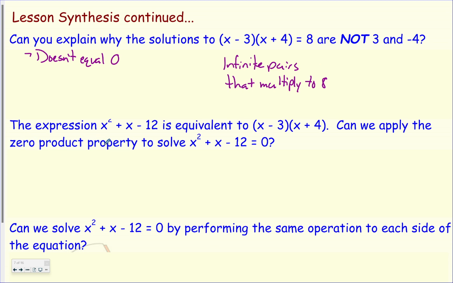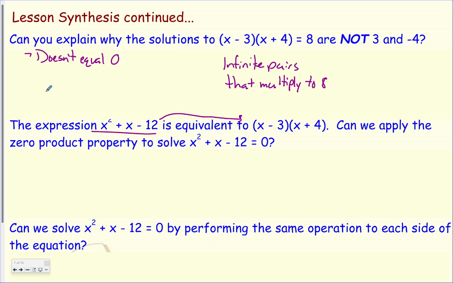Okay, the expression x squared plus x minus 12 is equivalent to x minus 3 times x plus 4. Can we apply the zero product property to solve this? Well, sure. If you can take this equation and convert it to that. And you might remember that process from Algebra 1. That's called factoring.